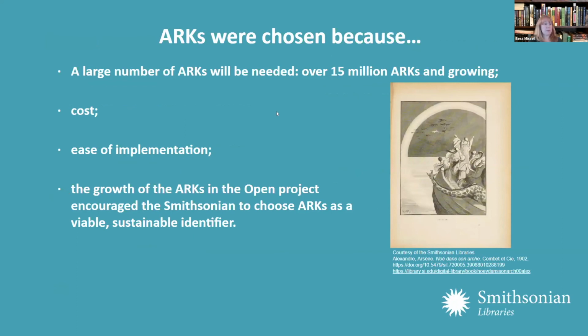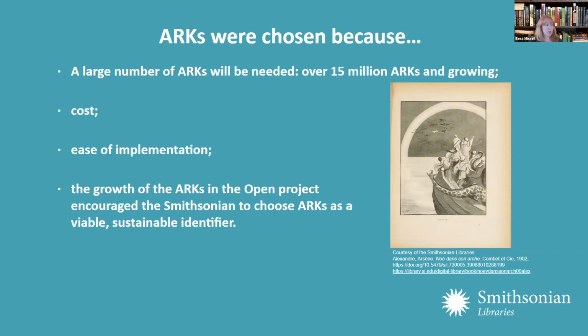ARKs were chosen because we needed a large number of identifiers, with over 15 million ARKs and growing, and ARKs scale very well. Cost: the ARKs have a low annual fee, as opposed to, as John said, the DOIs, for instance, which have a cost per identifier.